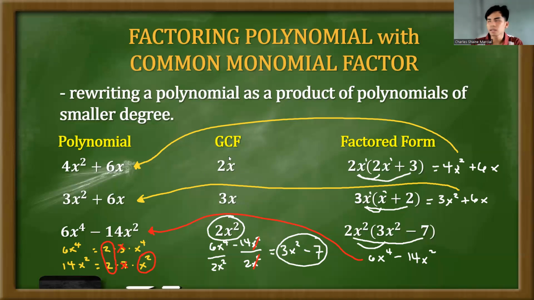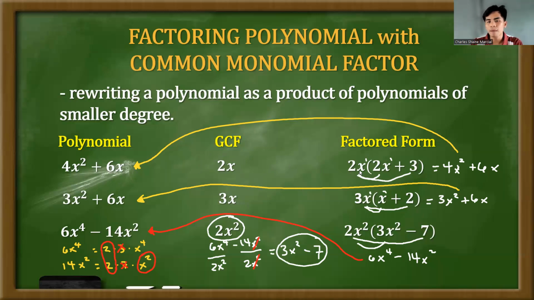And then after natin makuha yung GCF, i-divide lang natin ito dito sa kanya. Opo. Now, kapag nakuha nyo na yung answer after nyo mag-divide, i-combine nyo lang yung GCF and yung sagot dito. Opo. Then, that is now the factored form of this polynomial.